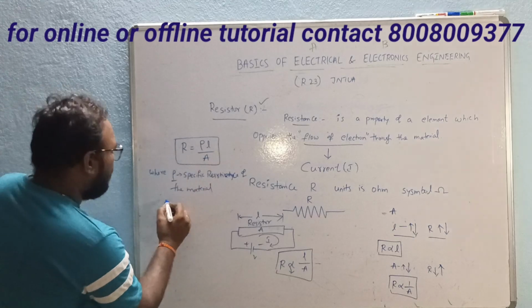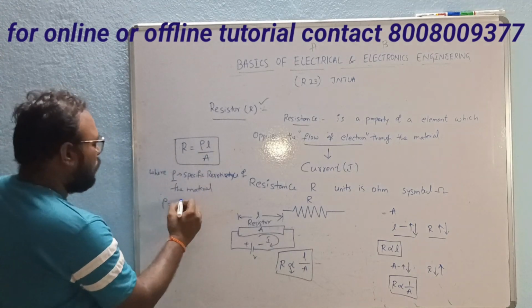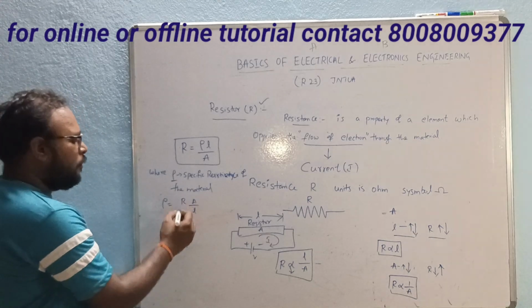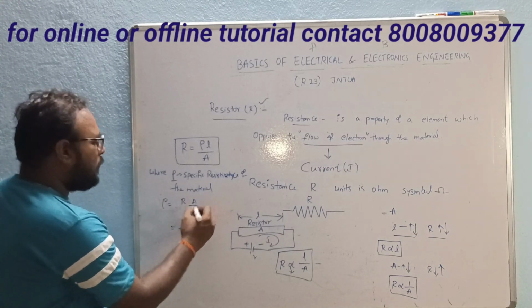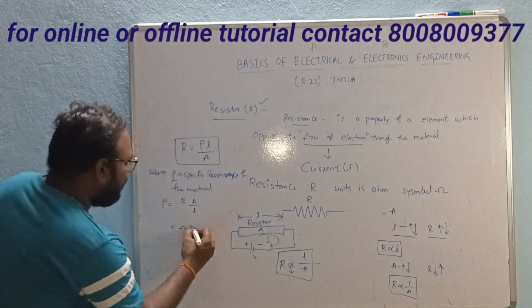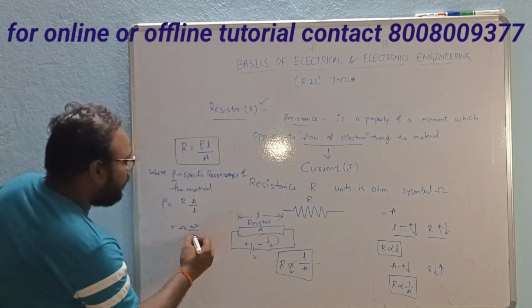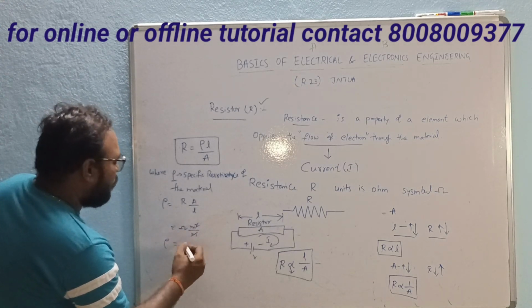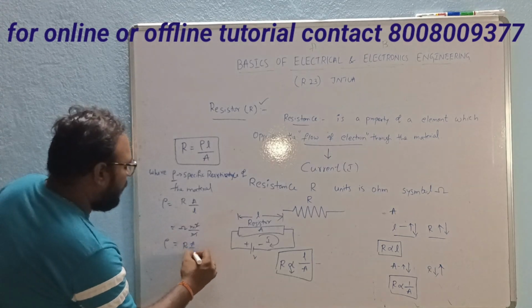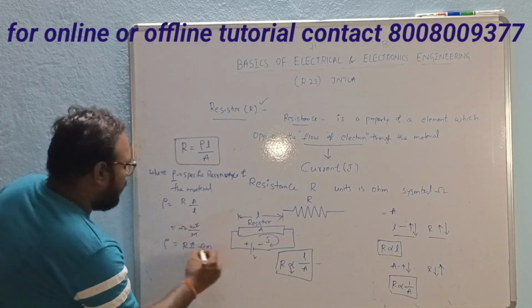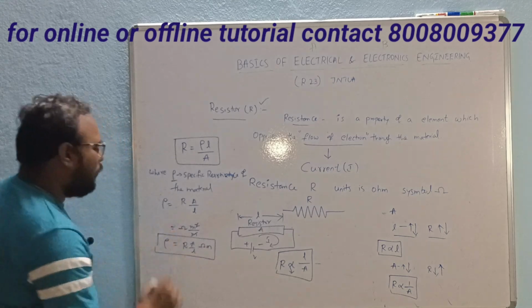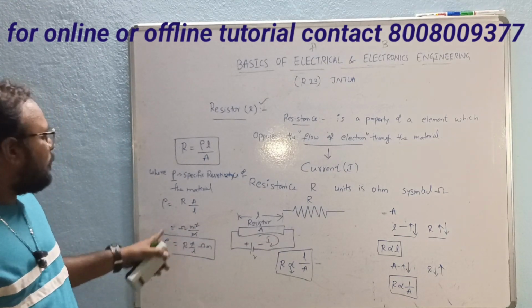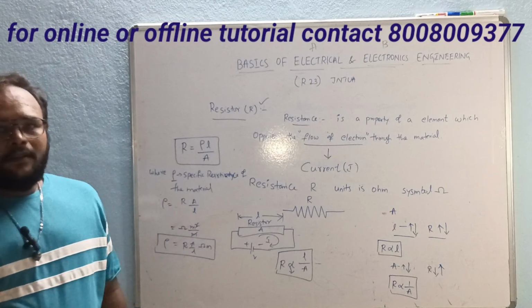From this expression, rho equals R A by L. What is the unit for R? Ohm. The unit for cross sectional area? Meter square. The unit for length? Meter. One meter gets cancelled. Finally, rho equals R A by L, in ohm meter. So ohm meter is the unit for the specific resistance of the material.